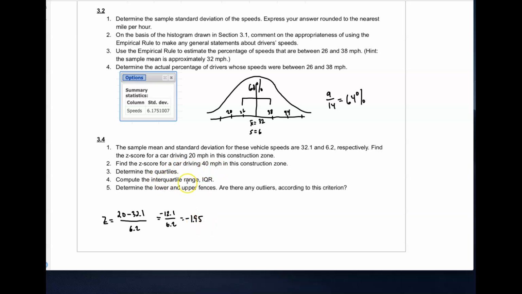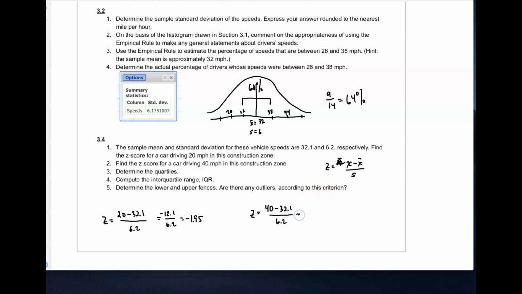Find the z-score for a car going 40 miles per hour. In this case, your z-score is going to be positive because it's 40 minus 32.1. And then you're measuring how many standard deviations you're away from the average, because the formula is your x value minus the mean, divided by the standard deviation.